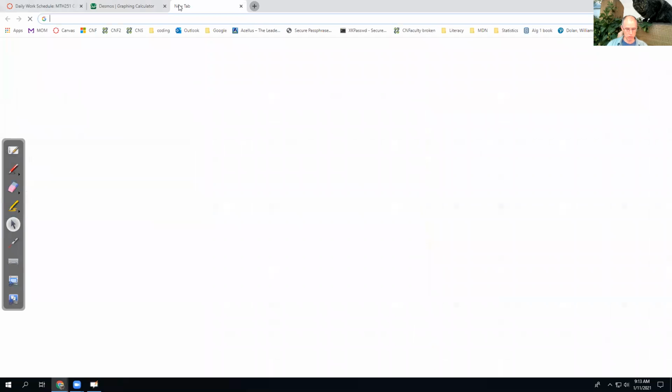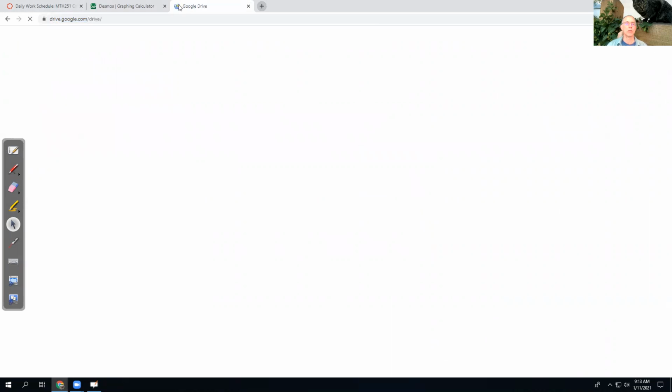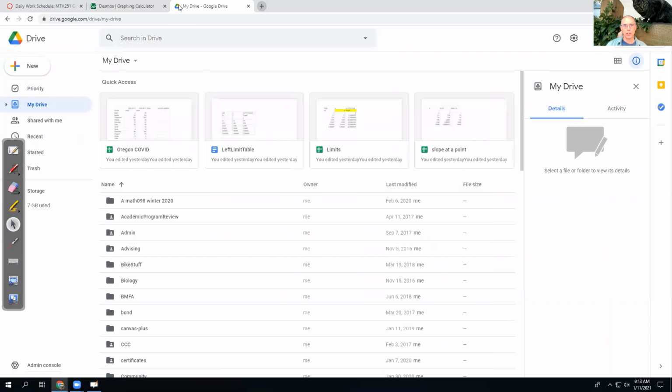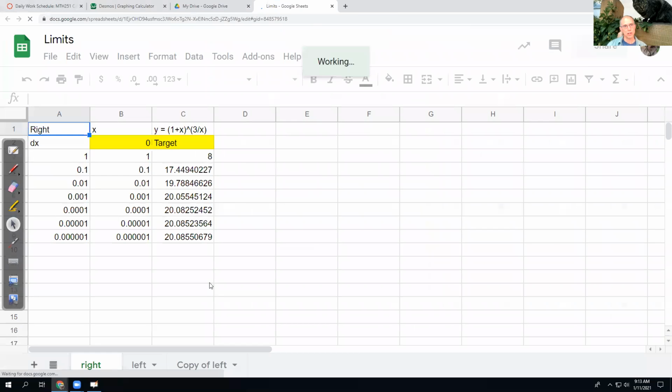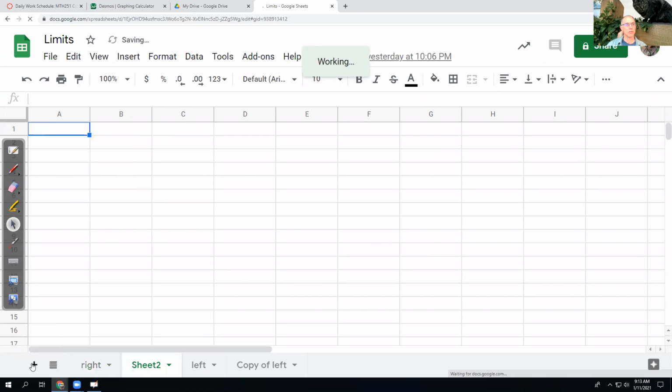So I'm going to jump into my Google Sheet. And let's see, I already have a spreadsheet started with limits. I'm going to build a new one, start from scratch. I'm going to look at the right side first.